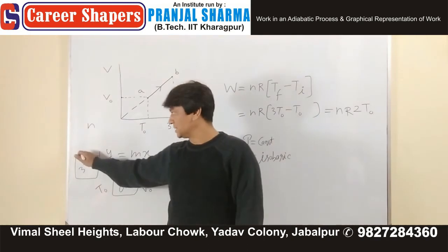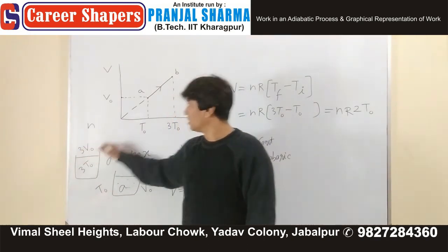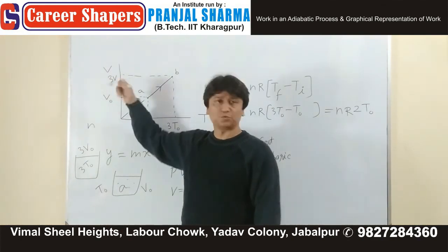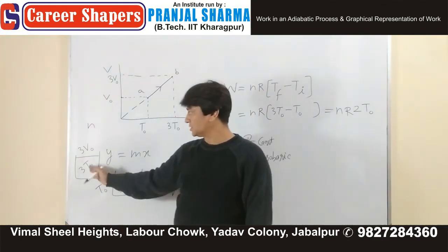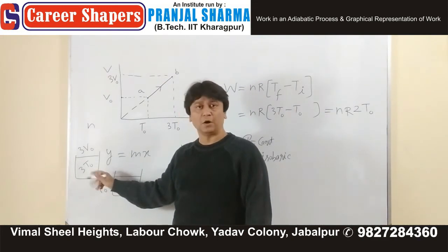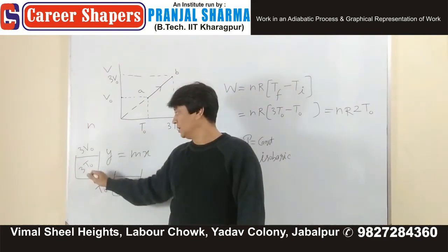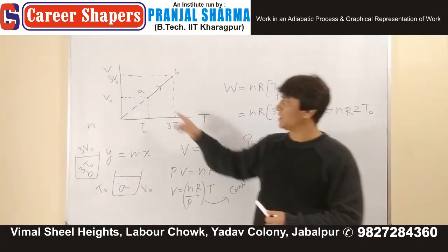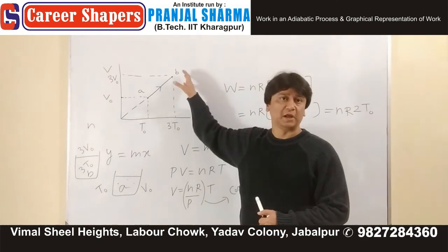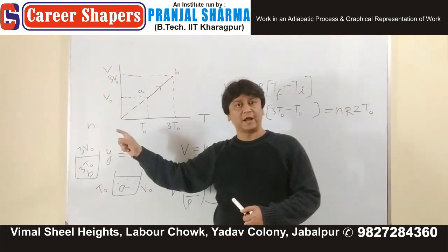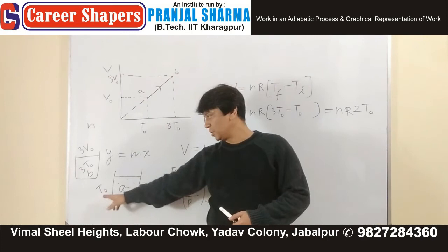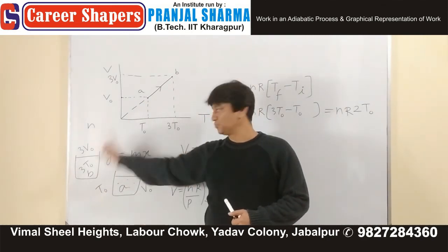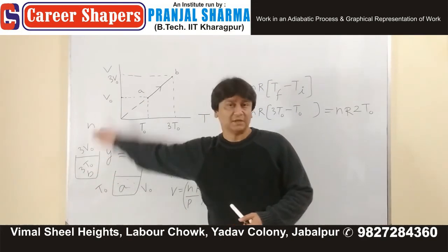So you can directly say that the volume is 3 V naught. When the volume is 3 V naught, the temperature is 3 T naught. This stage, let's call it B. So A and B are nothing special, it's just saying that the graph is running from A to B. A is the stage where temperature is T naught and volume is V naught, and B is the stage where temperature and volume are these.